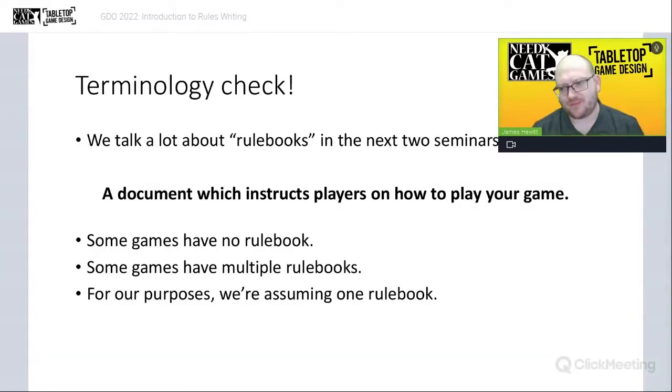I'm using the term rule book as a catch-all, and I'm going to assume that you're designing a game that has one rule book. We've seen board games that have multiple rule books, board games that have cards instead of rule books, all sorts of different things. This is about one rule book, although the advice will apply whatever it is you're doing. This is just to give you context for what I mean when I'm talking.